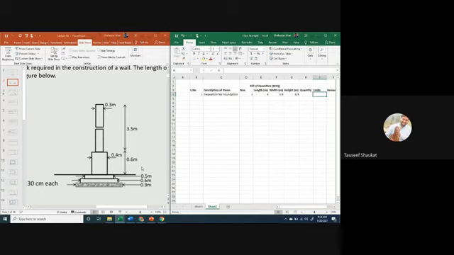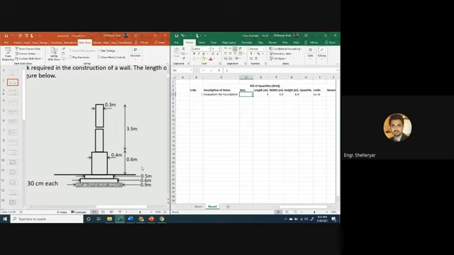Cubic meter. Cubic meters. Okay, so what should be the quantity? The quantity should be the product of length, width, and height multiplied. Length, width, and height will give you the quantity of a single wall, and then multiply it with the number of walls, so you will get the total quantity required.